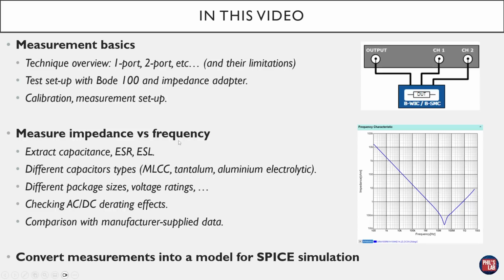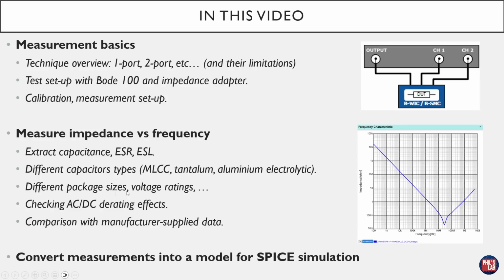So we'll measure the impedance versus frequency curves, that is the magnitude of the impedance as well as the phase versus frequency. From these measurement curves, we can then extract the capacitance for our model, the equivalent series resistance, and the equivalent series inductance. Again, we'll do this for different capacitor types, so multilayer ceramic capacitors, tantalum, aluminium electrolytic, but we'll do this predominantly for SMD components because that's pretty much all I use on my PCBs these days, rather than through-hole parts.